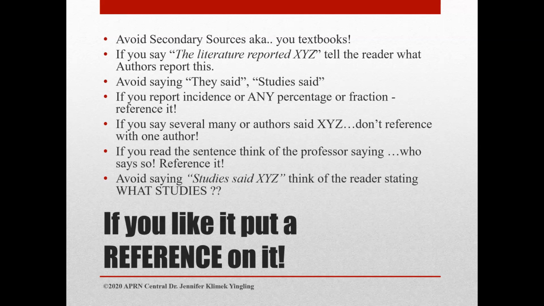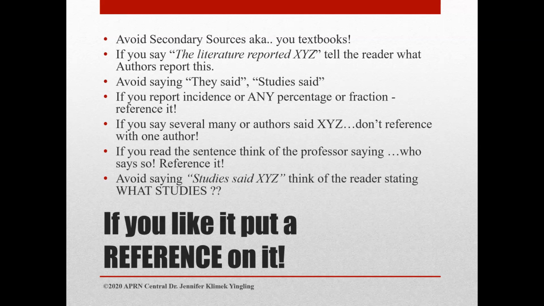If you report an incidence or any percentage or fraction, you want to reference it, because that's not your original thought unless it's your original research. And that may be, but that's just a rule of thumb. If you say many authors or several authors said XYZ, don't reference it with one author.